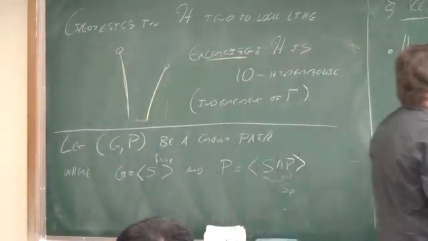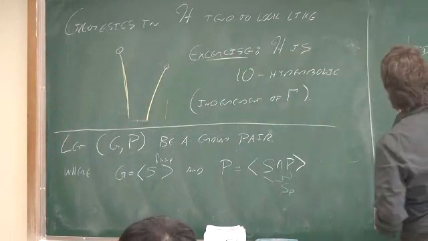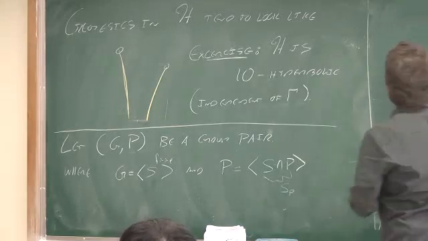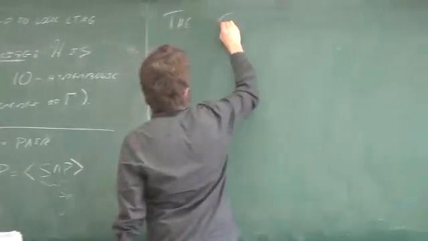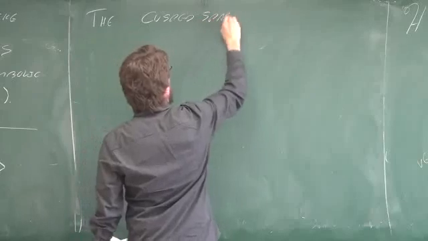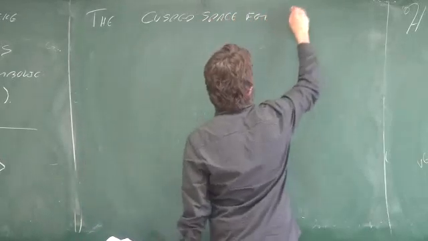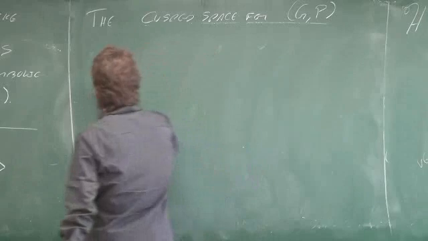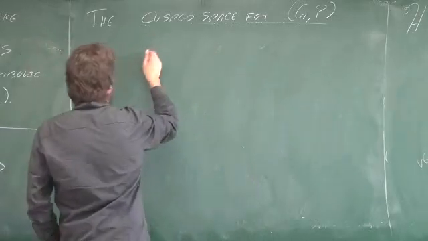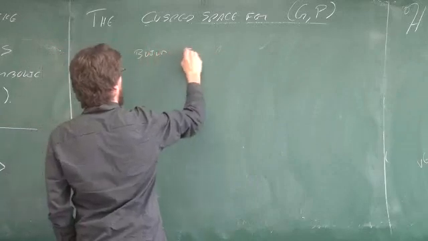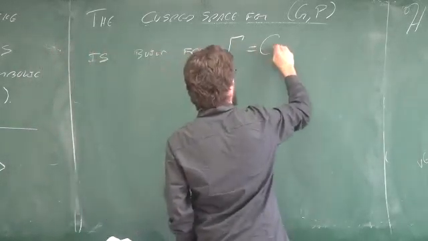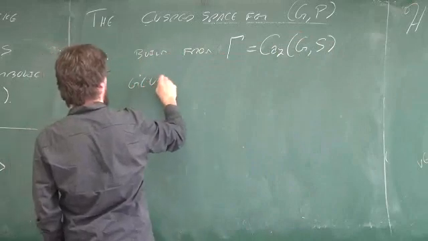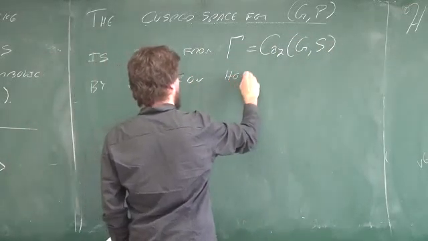So the cusp space for the pair (G, P) with respect to this generating set S is built from gamma, equal to the Cayley graph of G with respect to S, by gluing on horoballs.